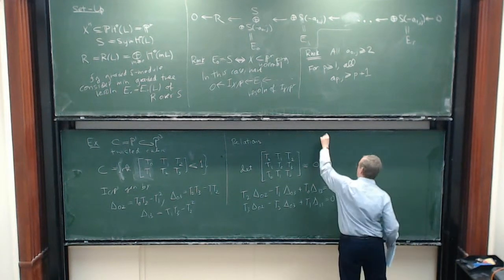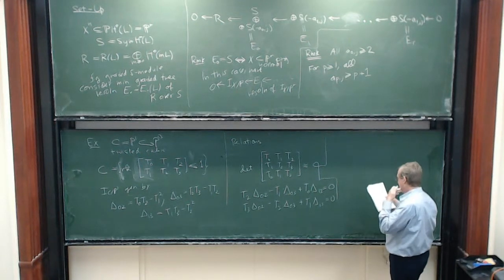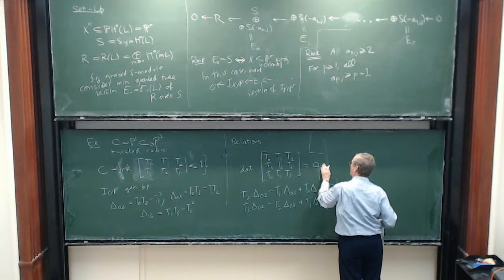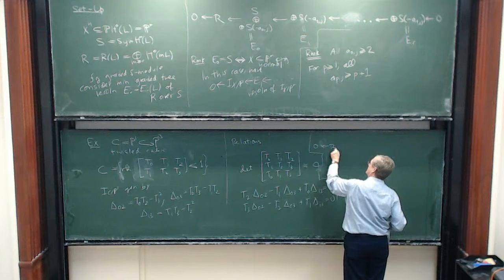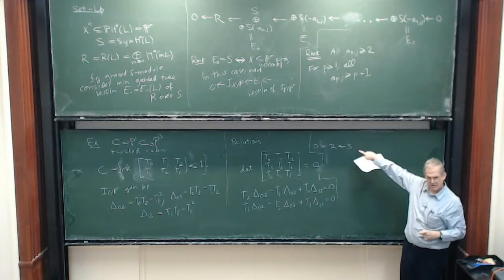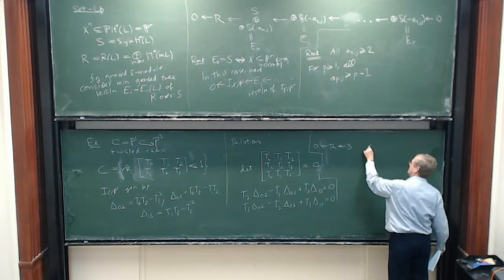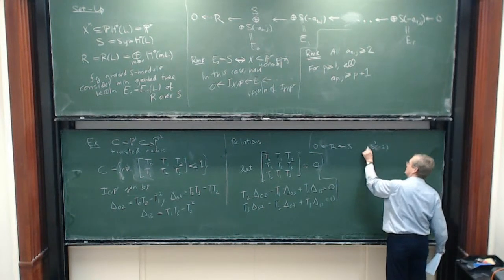So what does the resolution look like? Let me leave a little bit of room here. We get the homogeneous coordinate ring. It's projectively normal, so there's one generator. Then we have 3 quadratic defining equations, so this gives us 3 copies of S(-2).